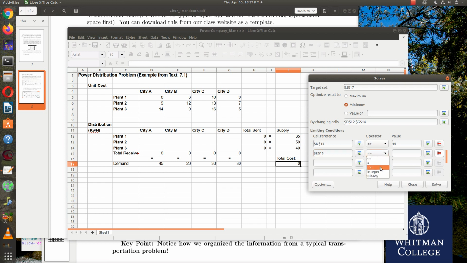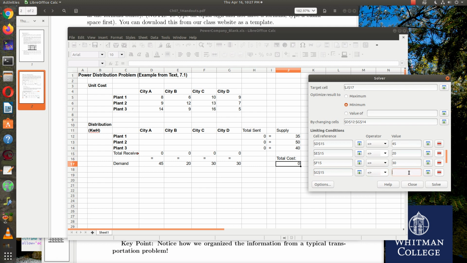I don't know why I keep doing that. Habit, I guess. And then F15 greater than or equal to 30. In fact, these could be equal signs if you really wanted. G15 greater than or equal to 30.